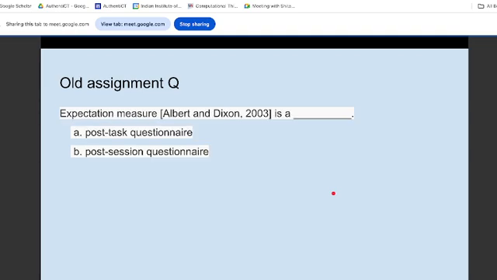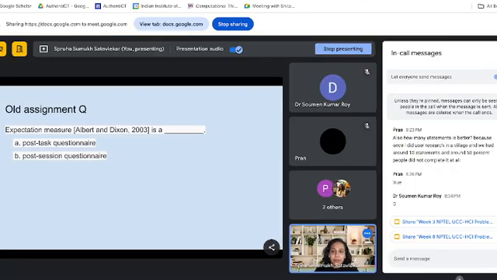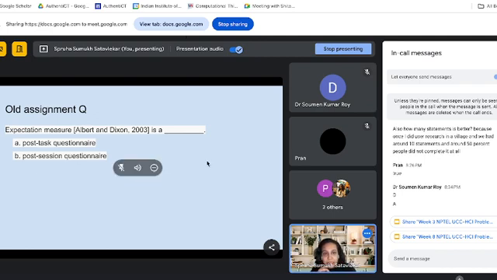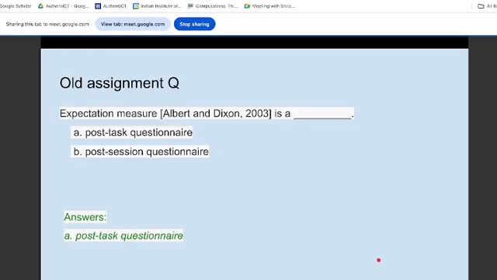Next one. It's a post-task questionnaire. Post-task questionnaires are usually short ones.